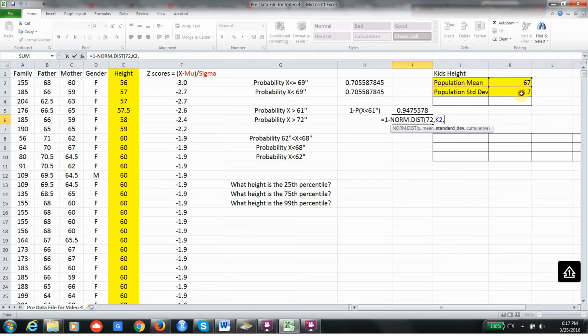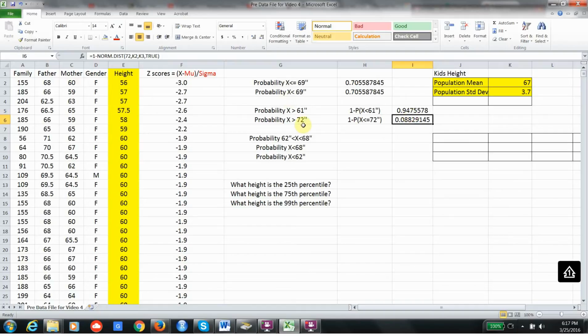Population. And there we go. And again, that's the upper percentile. So this is in roughly the 9th upper percentile. This is in the 95th upper percentile.